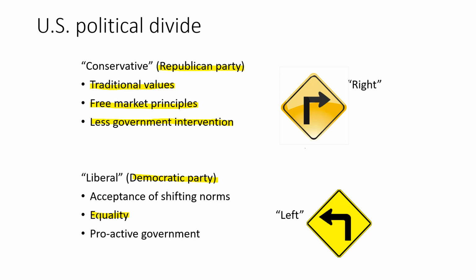Here we might be a little bit more pro-equality of humans overall in general. And this, of course, requires a more proactive government to pursue these types of things. So that's the general difference between the U.S. political ideologies that we'll touch on more as we go.